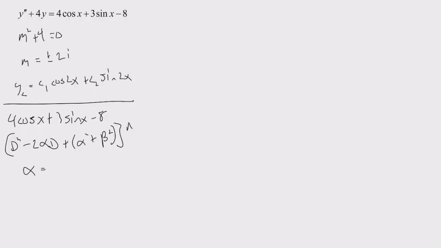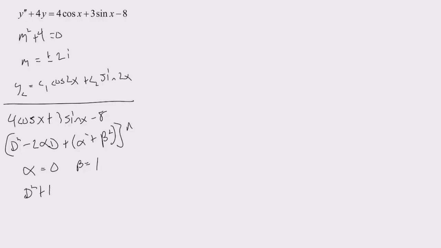So alpha is the exponent of the e function, which there is no e function, so in this case alpha is 0. And beta is the coefficient of the argument of this trig function, so looking inside sine and cosine, it's 1x, so beta would be 1. So if I fill that in, that should give me D squared plus 1.